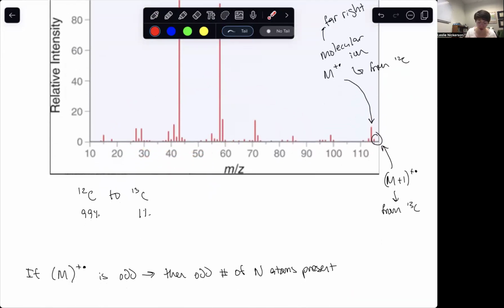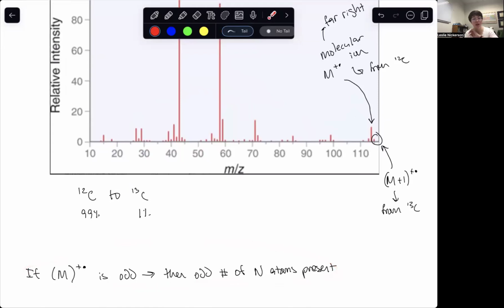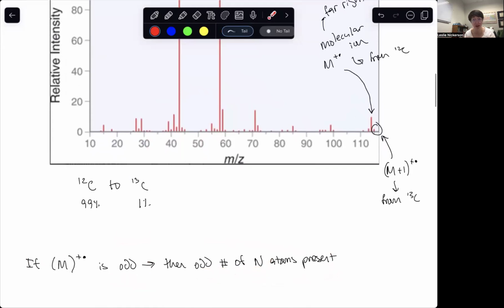One other little trick is that if your molecular ion peak is odd, that is going to signal to you that you've got an odd number of nitrogen atoms present. That has to do with the bonding that nitrogen does and its molecular weight. It's going to help us get to an odd number where everything else will be even numbers. Unless you have two nitrogens, and then it gets really tricky.